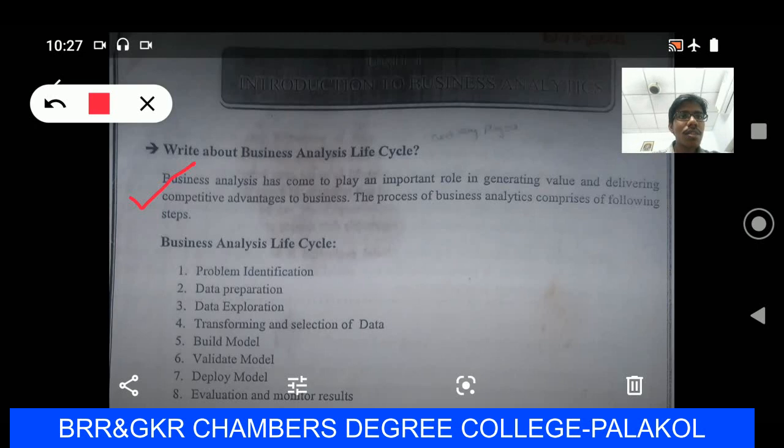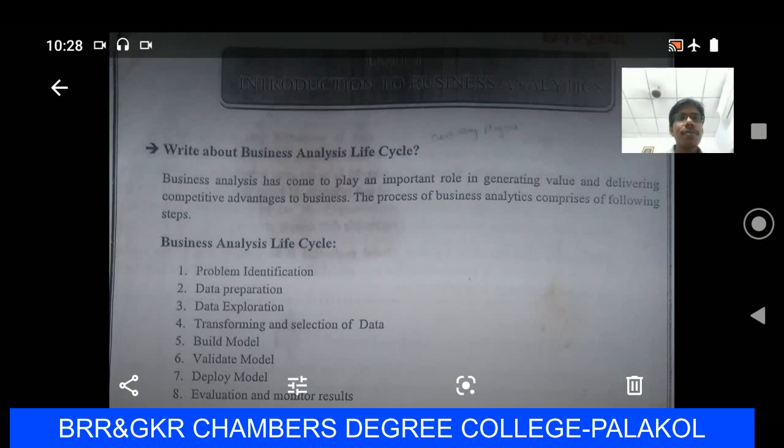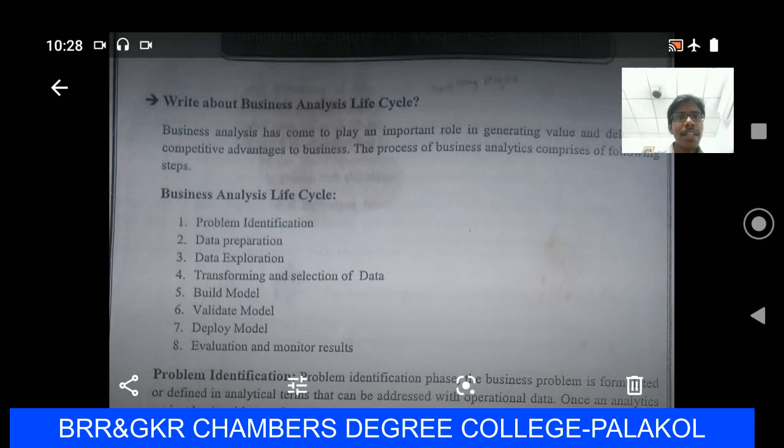The process of business analytics comprises the following steps. These are the eight steps that follow in every business analytics life cycle. First, problem identification, that means the particular problem identified by the business analyst. Then data preparation. Third is data exploration.